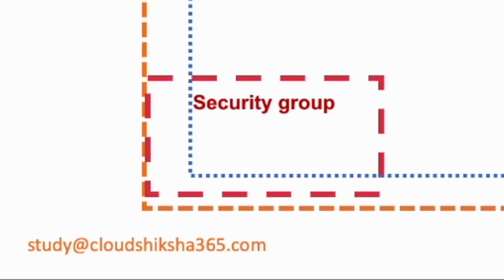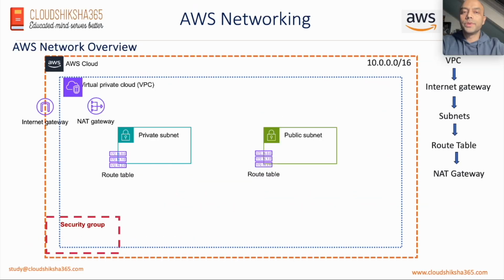Next is the security group. When you create your VPC, a security group is created by default, and the security group provides a list of rules that decide what kind of traffic should be allowed towards your subnet. For example, whether you want to allow only HTTPS access, or SSH, or FTP, or any kind of protocol, that can be allowed using security groups. The next is the network access control list.